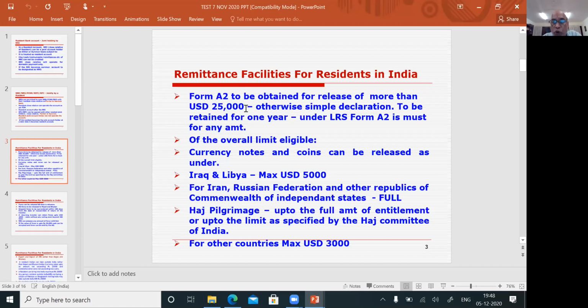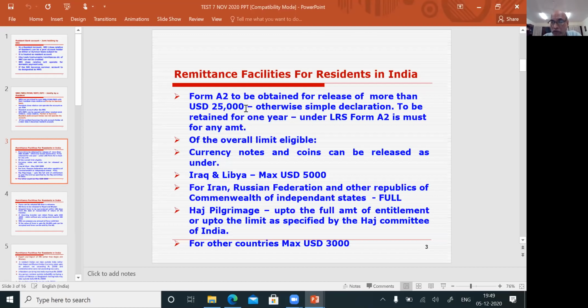The Form A2 obtained from the customers is to be retained for a minimum period of 1 year. Under the liberalized remittance scheme, Form A2 is a must for any amount. Earlier, for releasing funds for an importer, Form A1 was obtained. Now that has been discontinued.